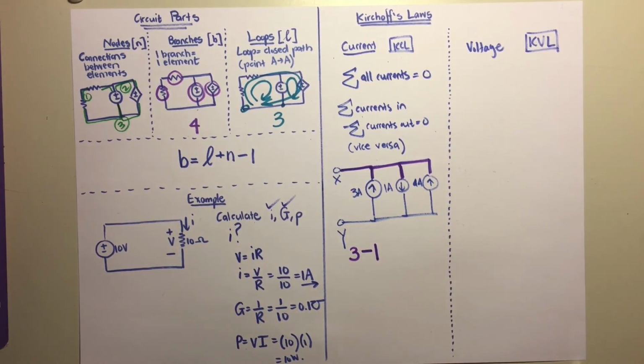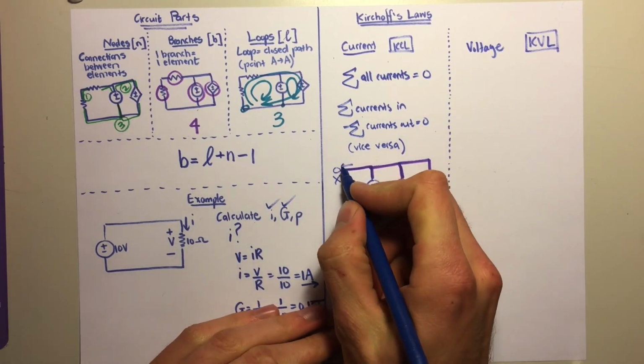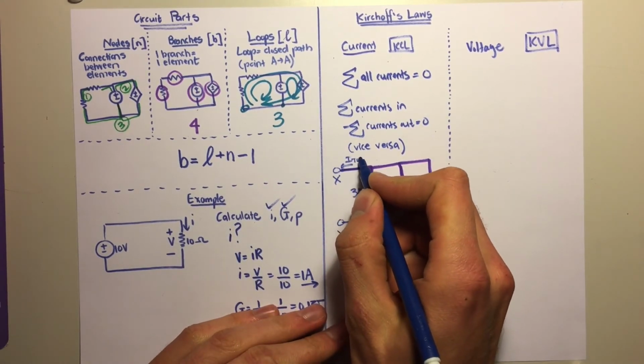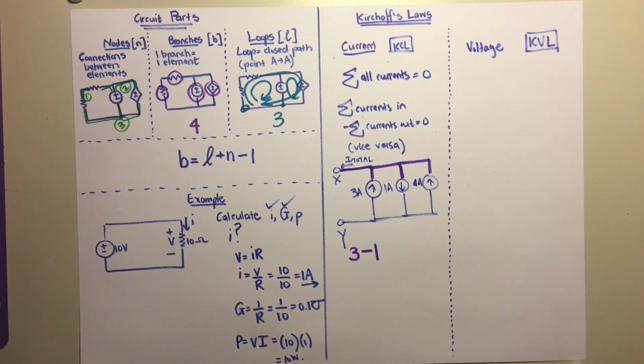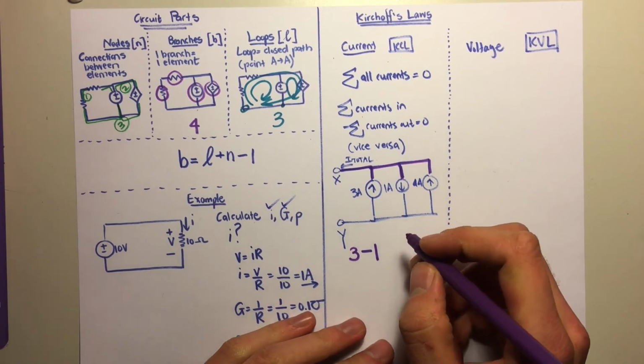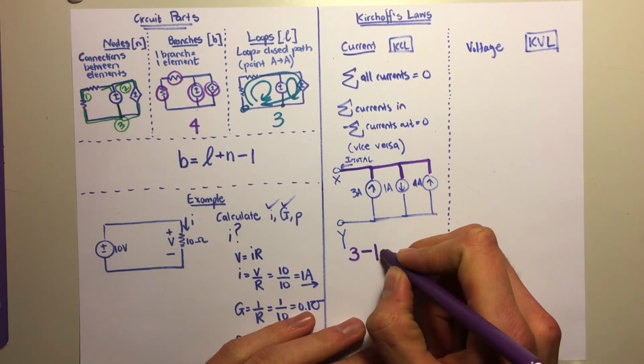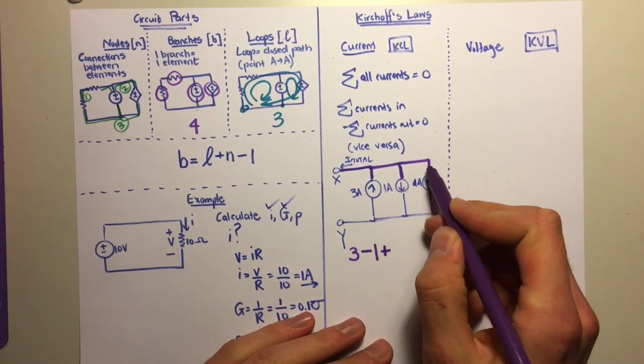Okay, wait. Where's I total here? I total. There must be a current leaving in that direction because it's part of the node. Plus 4 is coming in.